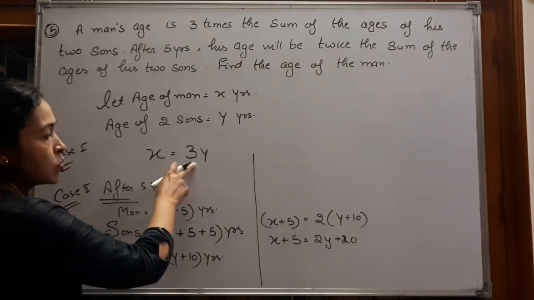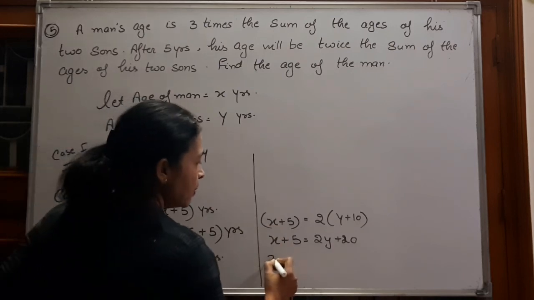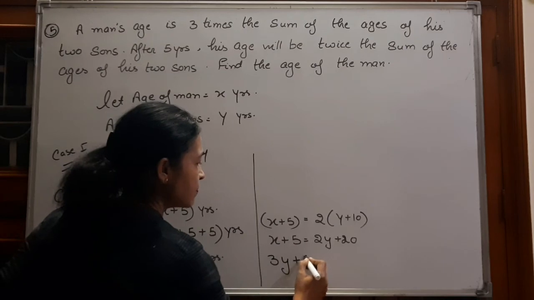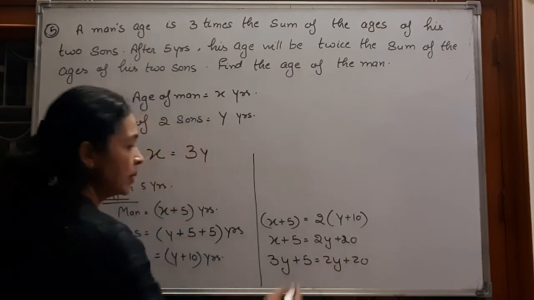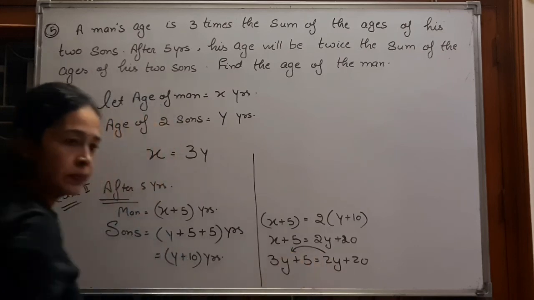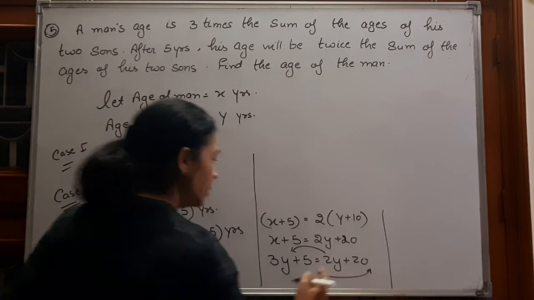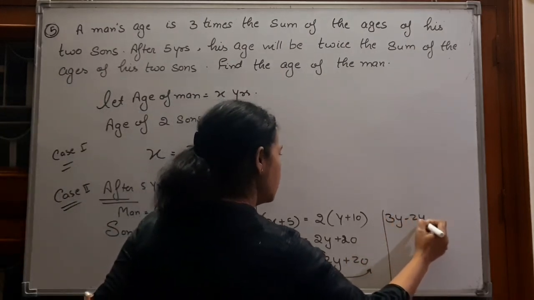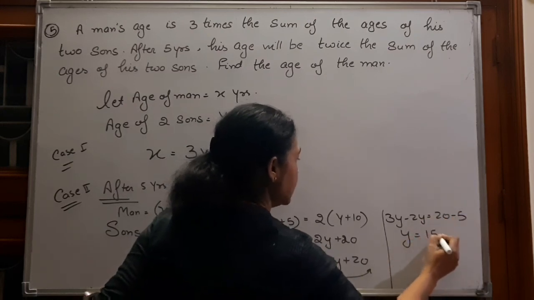Now x equals 3y, so in place of x I am writing 3y plus 5 equals 2y plus 20. Taking 2y to the left-hand side and 5 to the right-hand side, 3y minus 2y equals 20 minus 5, and the value of y is 15.